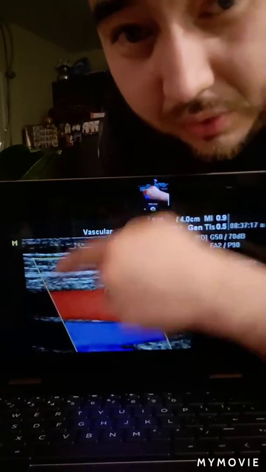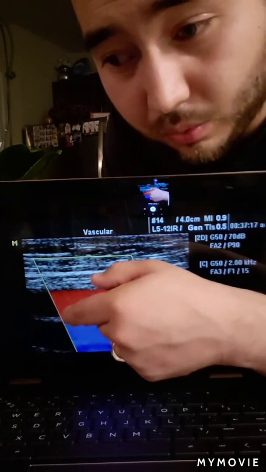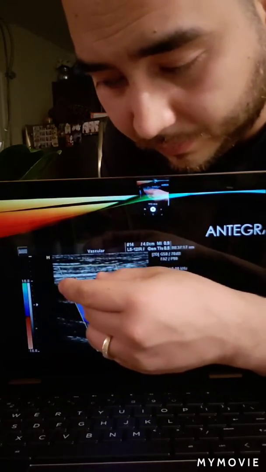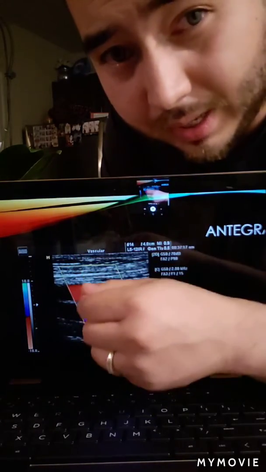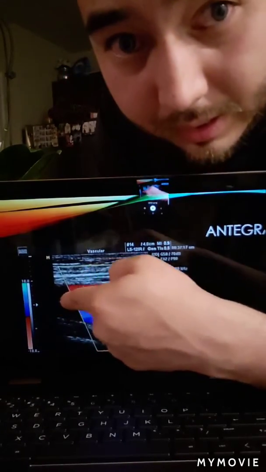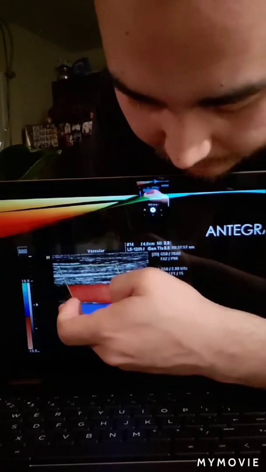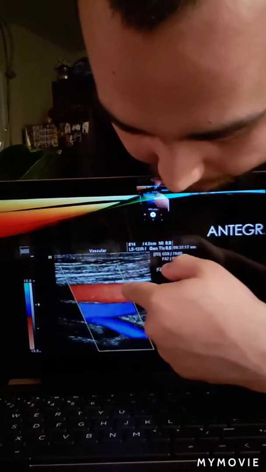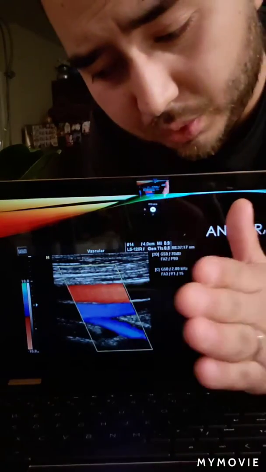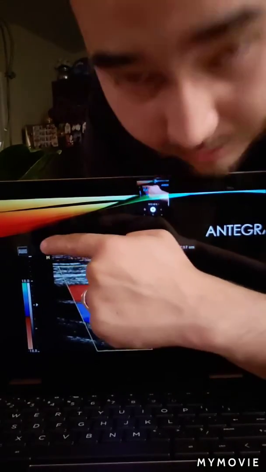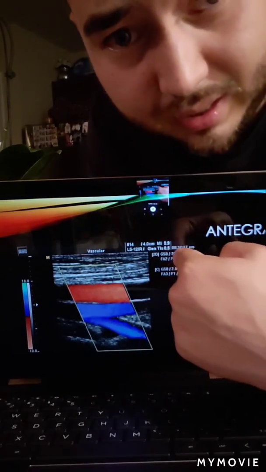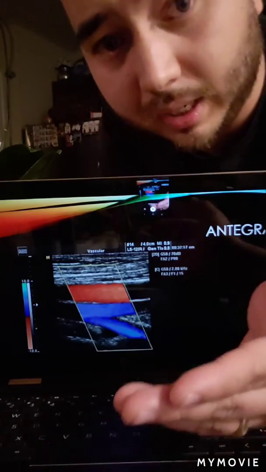Whichever line is outside of your box determines where the linear transducer's top is. So right here, the top of the transducer would be on this side because that line is outside of that box. That means, if the transducer is placed correctly, this top part is towards the patient's head and this bottom part is towards the patient's feet, which is the way the transducer is supposed to be set up.